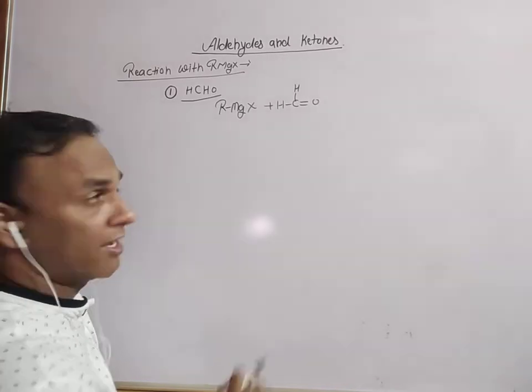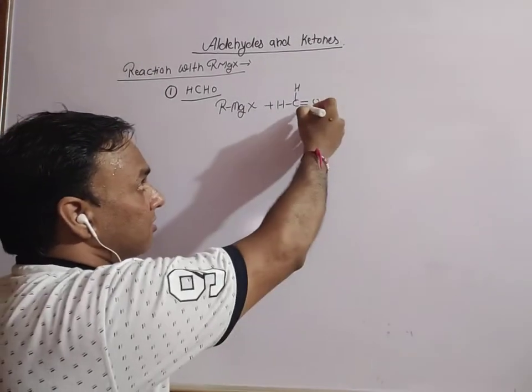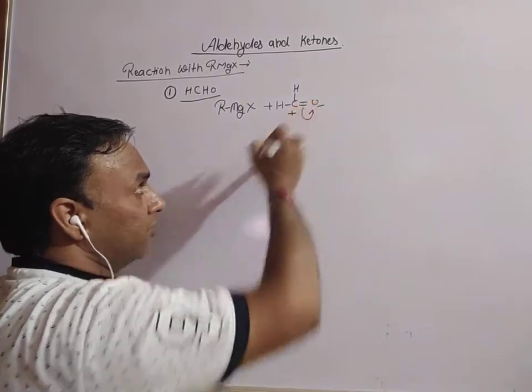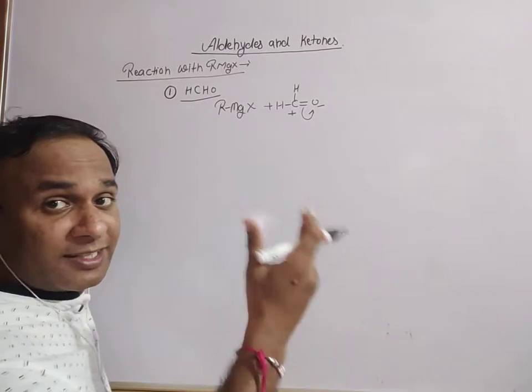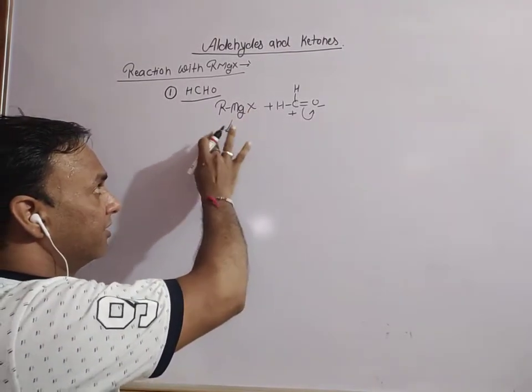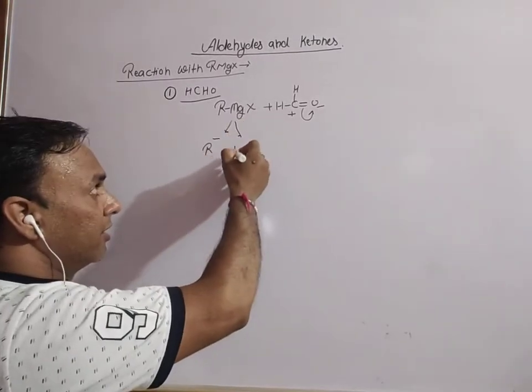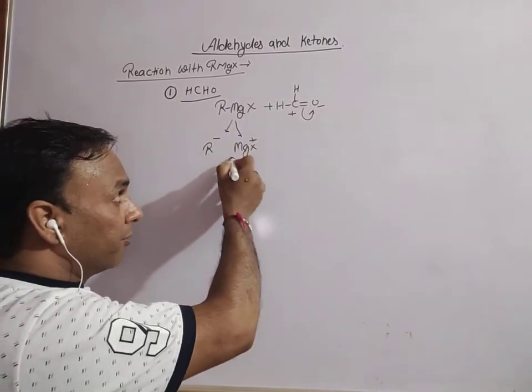Formaldehyde can be written as HCHO, meaning O minus, C plus. RMgX gets dissociated in the form of R minus and MgX plus. Why plus?